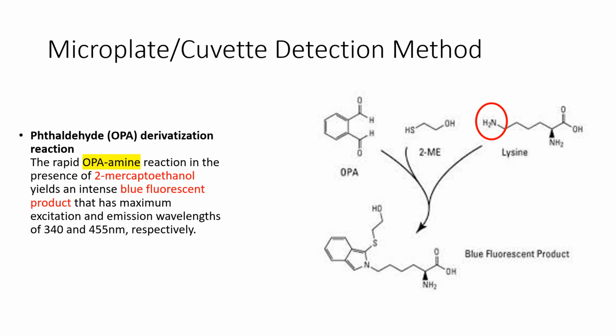Basically, the rapid OPA amine reaction in the presence of 2-mercaptoethanol can produce an intense blue fluorescent product that has maximum excitation and emission wavelengths of 340 and 455 nanometers. So that's the OPA derivatization reaction.